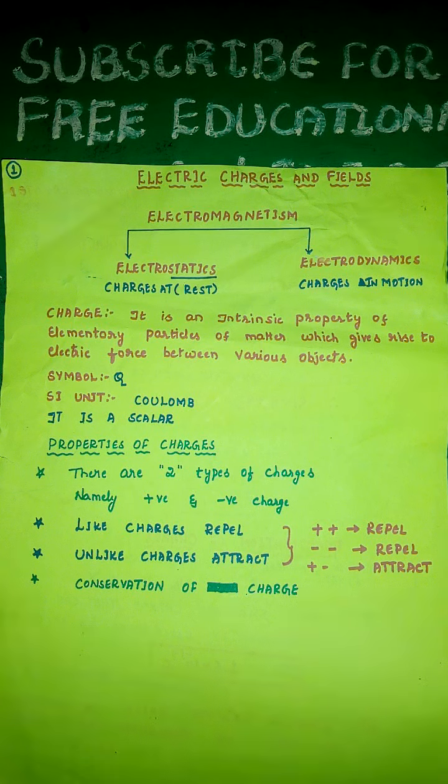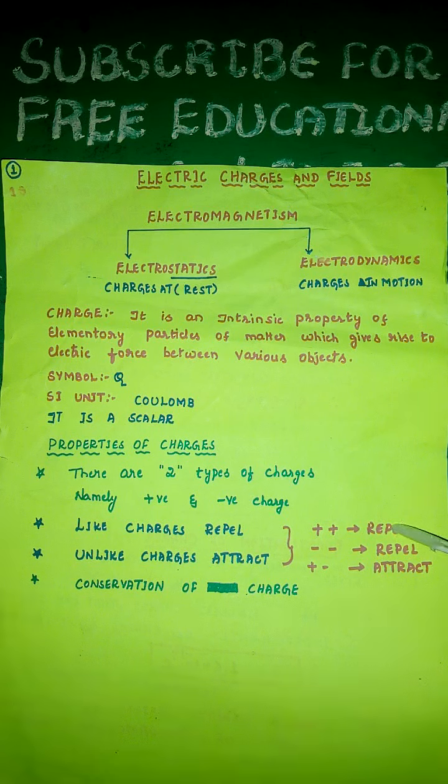We have two kinds of charges. They are positive charge as well as negative charge, right? So like charges repel each other, unlike charges attract each other. For example, if you keep two similar charges, suppose I take a positive and a positive charge and place them beside each other, what happens?